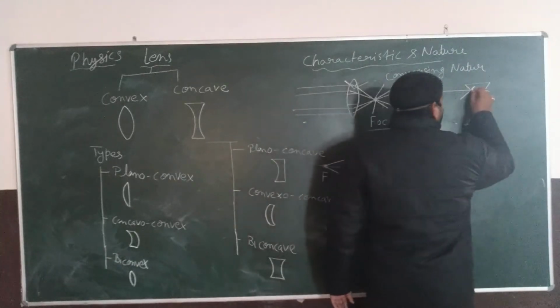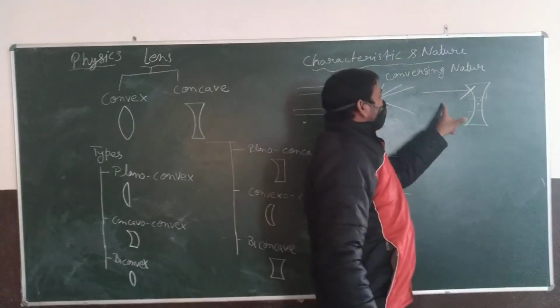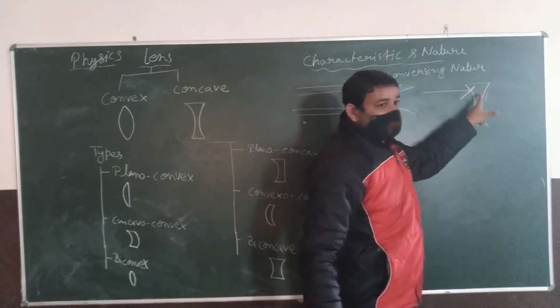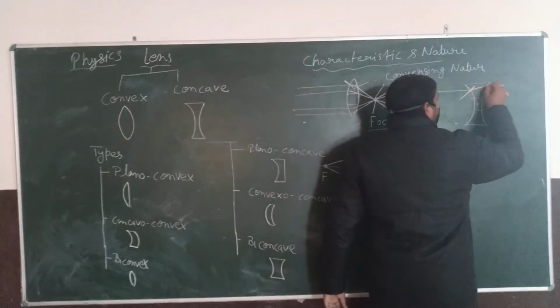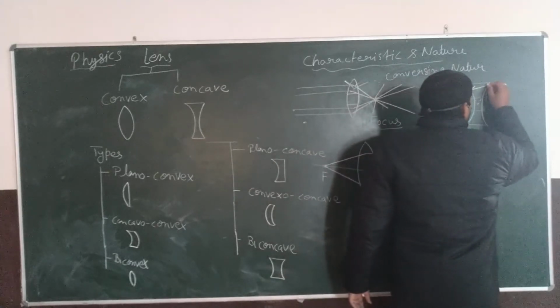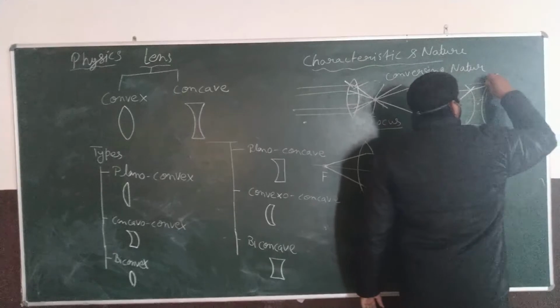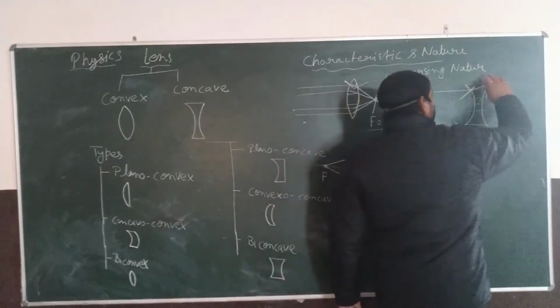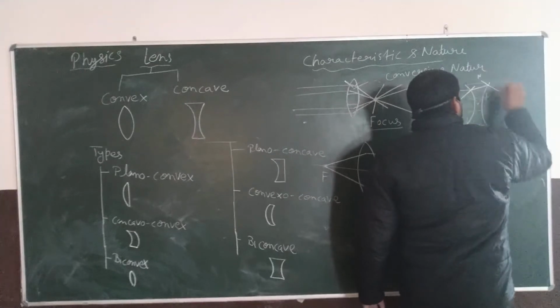Now, the light should travel in a straight path, but when the light travels from the rarer to the denser medium, the medium of the lens, we observe the light bends away. At this point, this is the actual path and this is the normal. Clear or not? This is the normal.